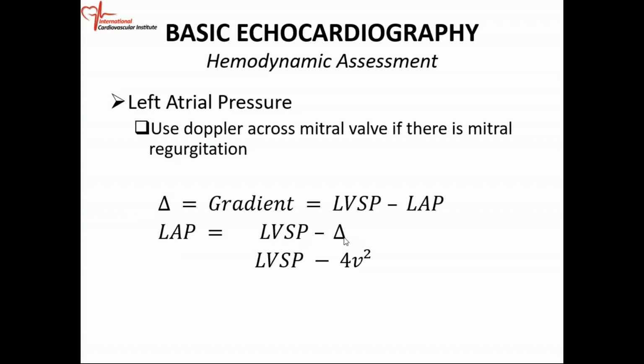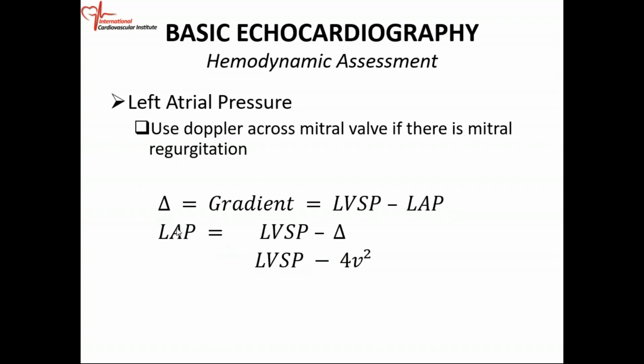Now, the gradient, as we've been saying all along, is equal to 4v squared. So you get the mitral regurgitation velocity, you square it, you multiply it by 4, and that's the gradient. And once you subtract the gradient from the LV systolic pressure, you get your left atrial pressure.